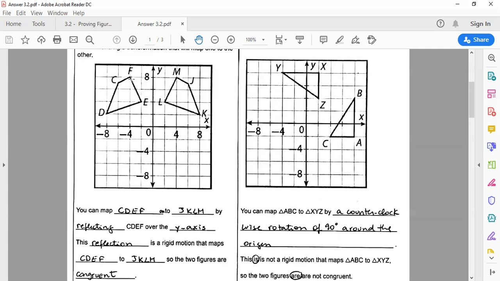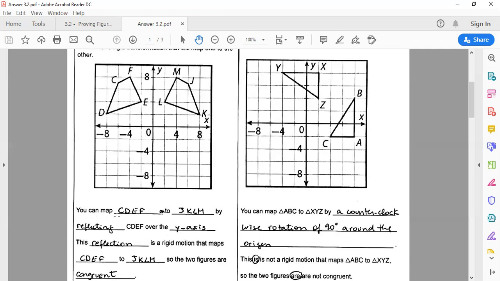Point F is 2 units from the y-axis, and M is also 2 units, so F and M can be mapped to one another. C is halfway between 7 and 8 going up on the y-axis, and it's 3 units from the y-axis, and J is 3 units from the y-axis. So C and J are the same distance in opposite directions of the y-axis.